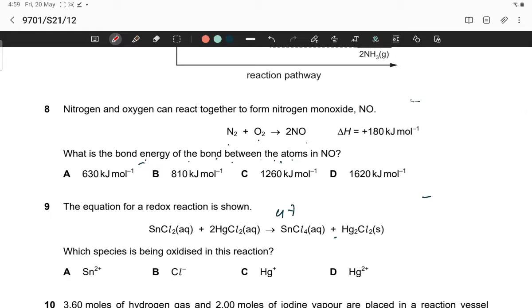Nitrogen and oxygen can react to form nitrogen monoxide. What is the bond energy of the bond between the atoms in NO?